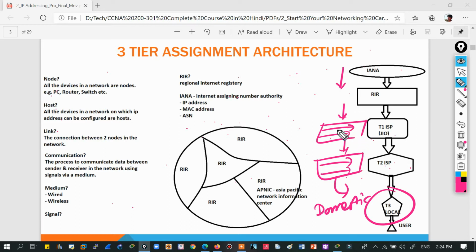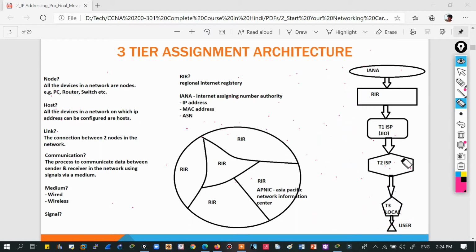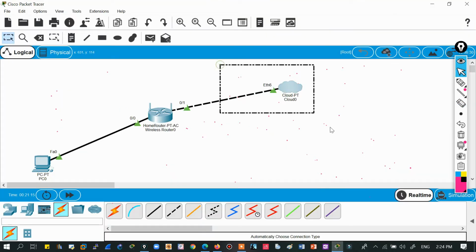Like in Delhi there is Tikona and Hathway, and in different countries there are different local service providers. This is how IP addresses are basically assigned. So it doesn't mean that when I'm using the internet at my home, I'm accessing the IP address directly from IANA.